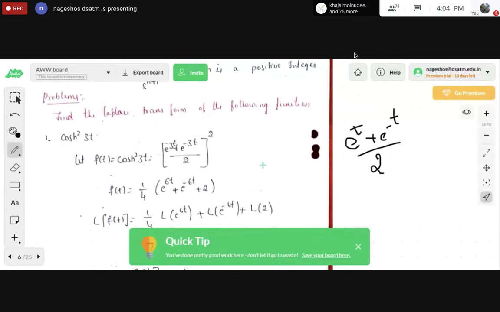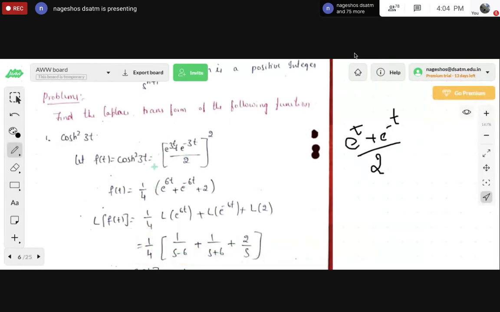We have cos hyperbolic square 3t, which is the same as cos hyperbolic 3t whole square. Correct? So if you write this, this will be e power 3t plus e power minus 3t whole square divided by 4.